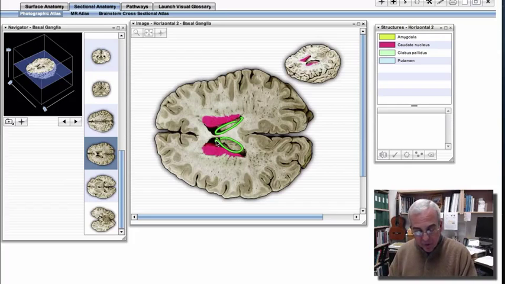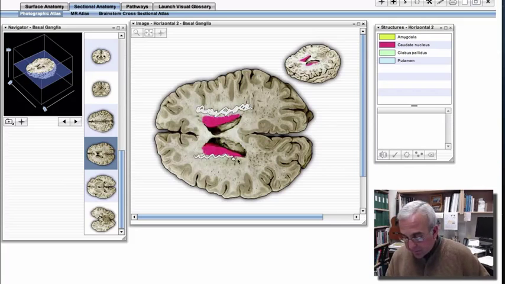You may be wondering where the internal capsule is on this view. The internal capsule is going to come through this white matter in this region, just on the lateral edge of the caudate nucleus. Okay, so let's go down one more section.